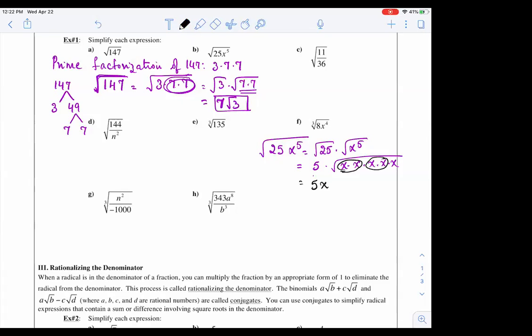Because this is going to be x squared. What is the square root of x squared? X. And we have one more factor pair.